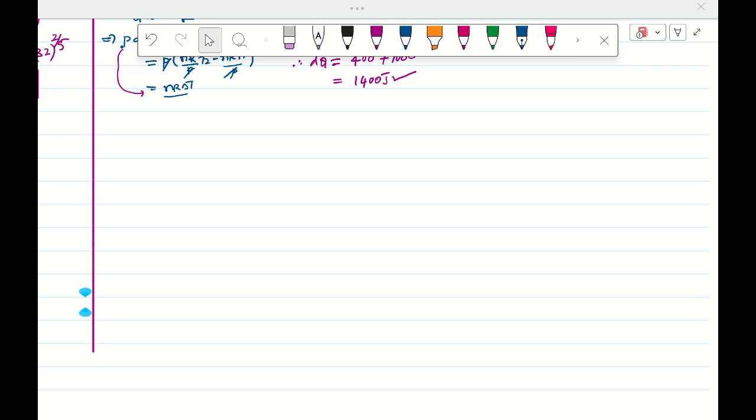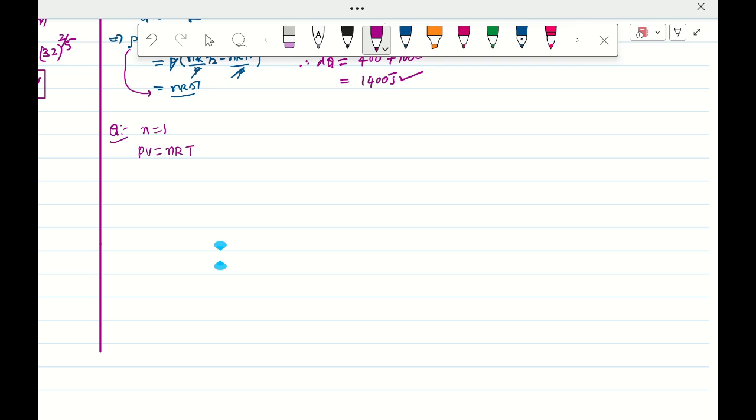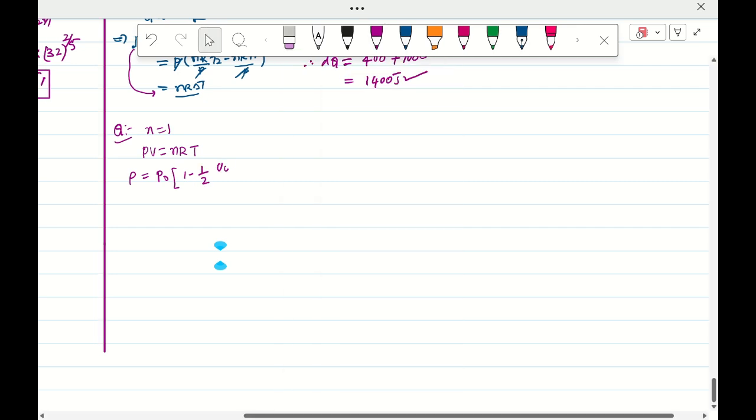Another model of the problem. Next question: 1 mole of ideal gas is given, so n is equal to 1 mole. Ideal gas means PV is equal to nRT. The pressure and volume obey the relation P equals P naught into 1 minus 1 by 2 into (V naught by V) whole square.